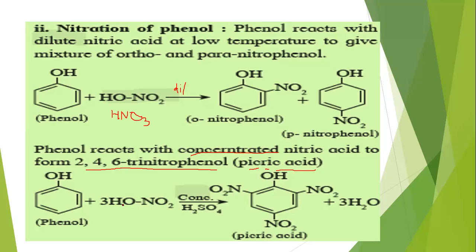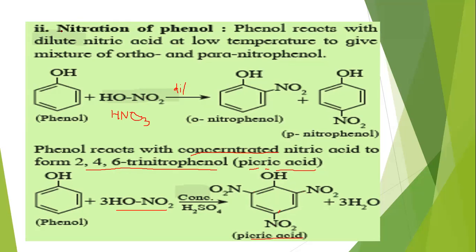See, phenol plus concentrated HNO3 in the presence of the nitrating agent concentrated H2SO4 gives 2,4,6 trinitrophenol, also called picric acid.